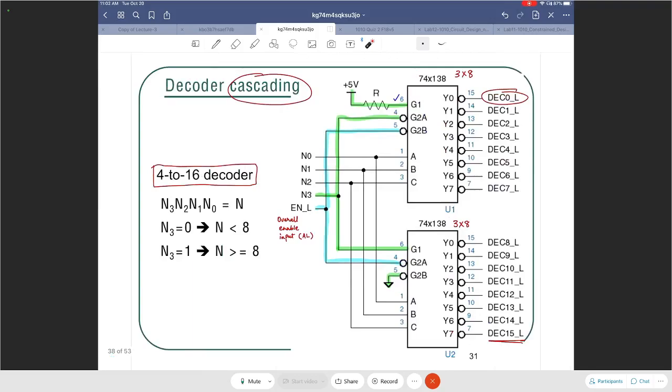Now, just so that we understand this really well, let us do some exercise. Let us say our enable input EN_L is 0, and our number N is 1011. The question is, which output pin is low?